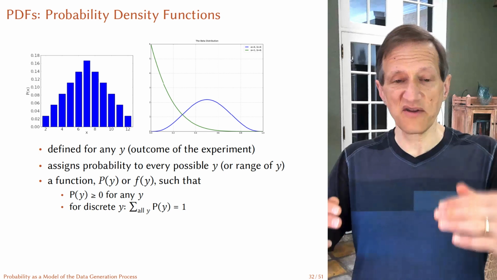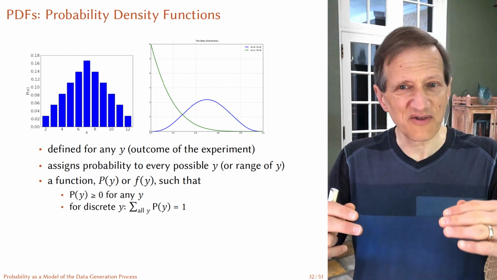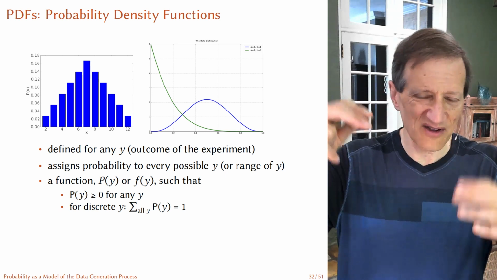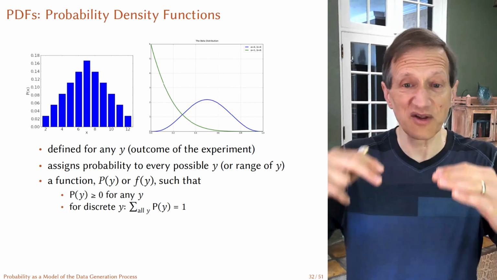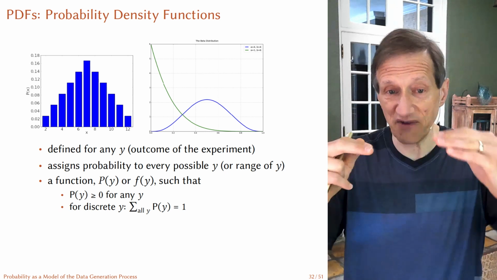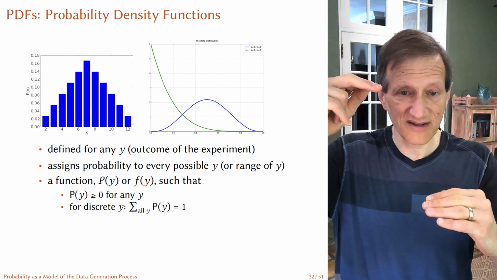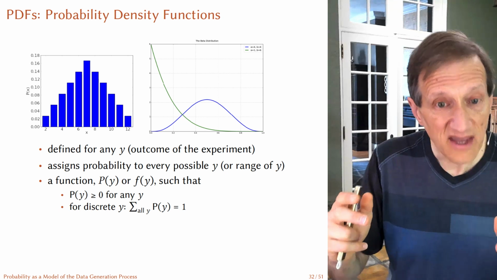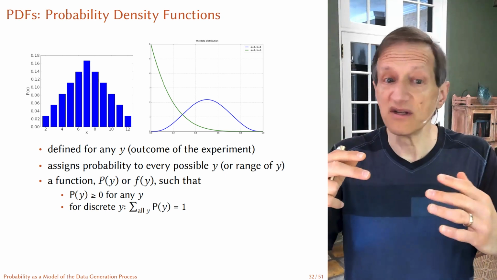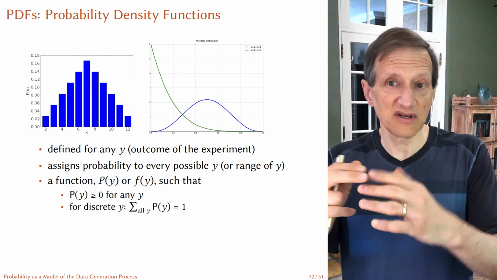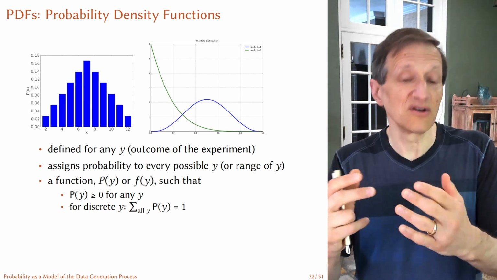So if we have the probability of heads if we flip a coin, and the probability of tails if we flip a coin. If it's a fair coin, they're both 0.5. If it's an unfair coin, it might go like this. But either way, each of those probabilities is going to be greater than 0, and the sum of those two probabilities, heads or tails, is going to be 1.